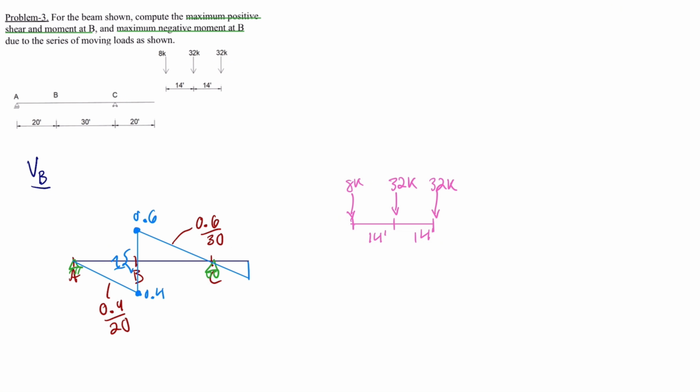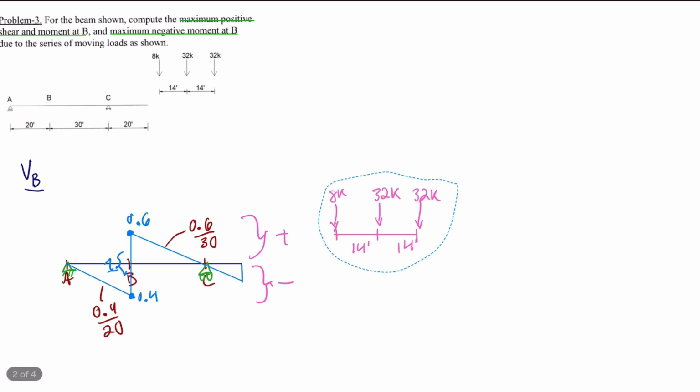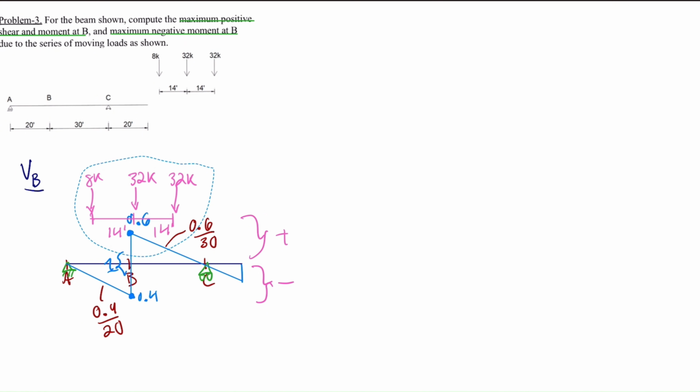The positive shear is this part, and this will be the negative part. So we will move this here, and we have to take note of the distances in order to calculate the maximum positive shear at B.